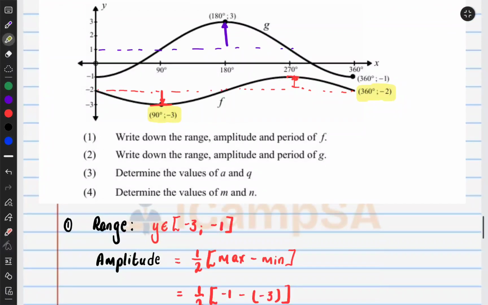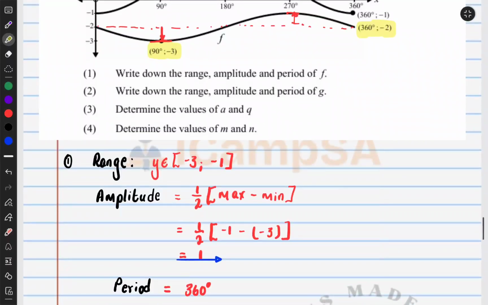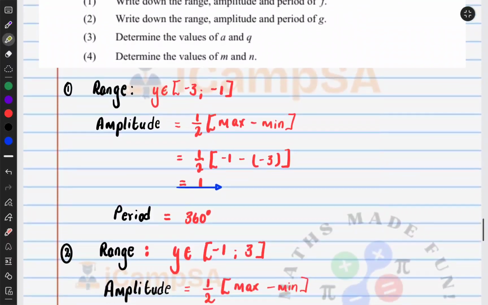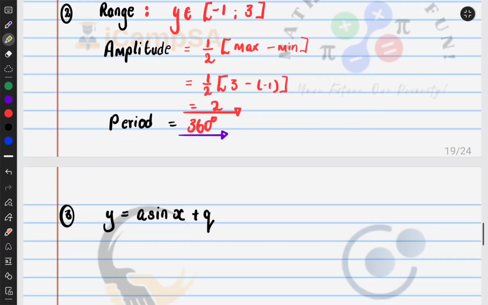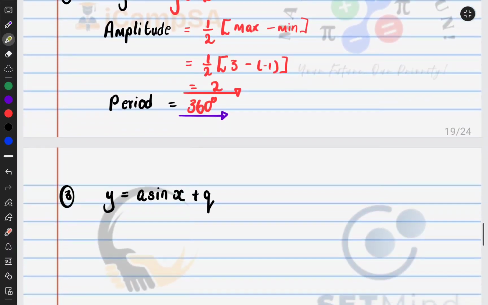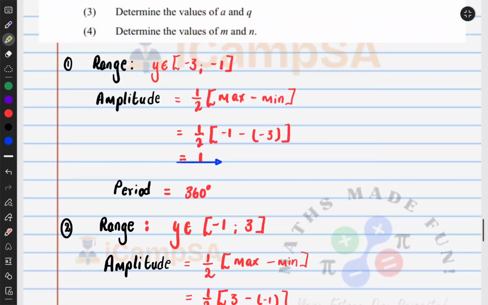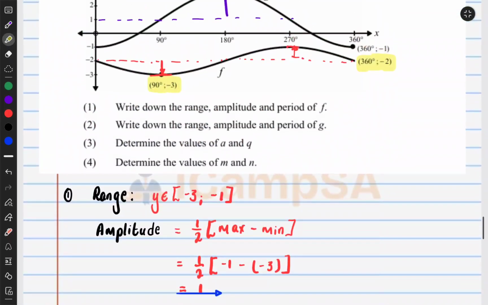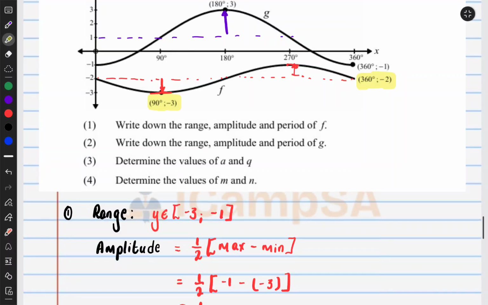I think what they want you to learn is solving for a and q using this method, instead of that shortcut of using the amplitude and the formula for the vertical stretch. It's just good to know them, but let's stick to this method for now.